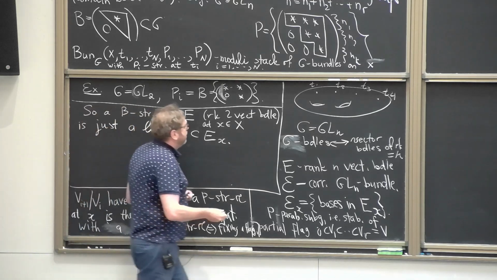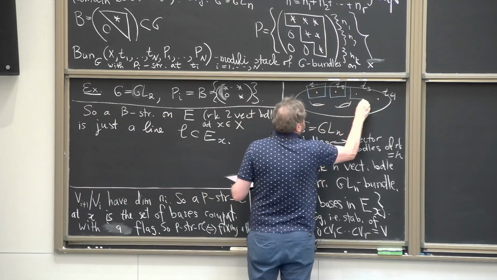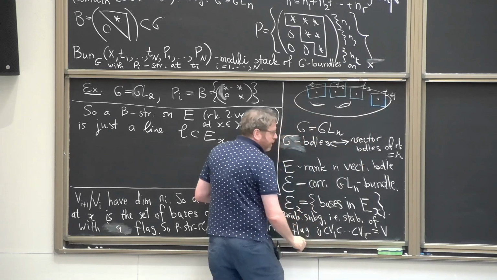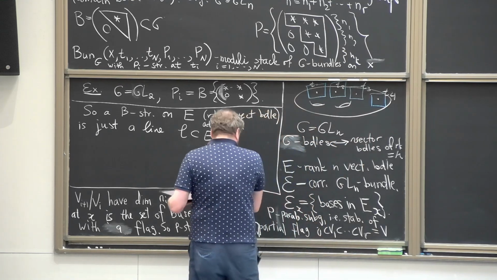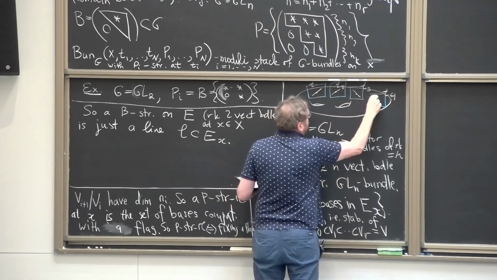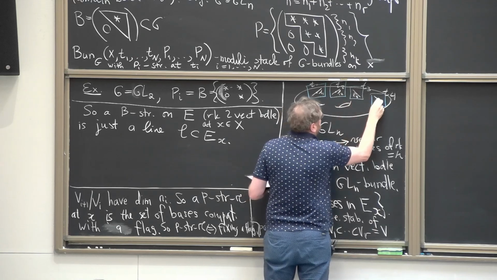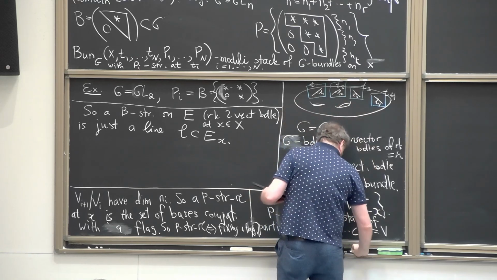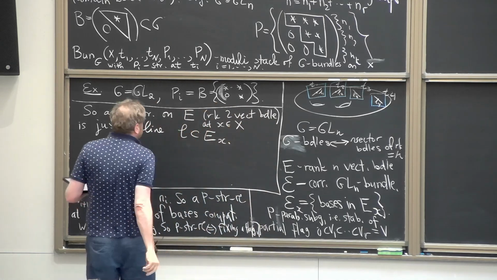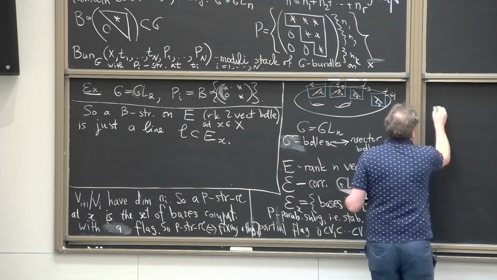So we have these fibers E_x, E_t1, E_t2, E_t3, E_t4. They are two-dimensional spaces, and in each of them we are fixing a line. And our moduli space or stack is just the set of all such data.